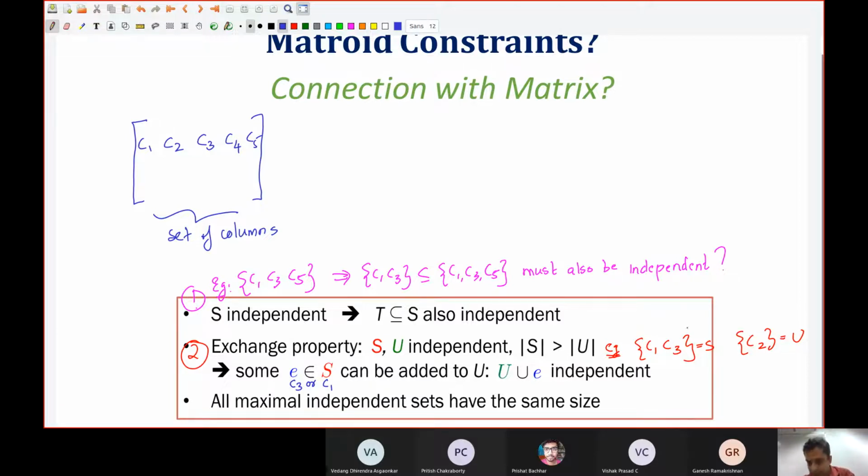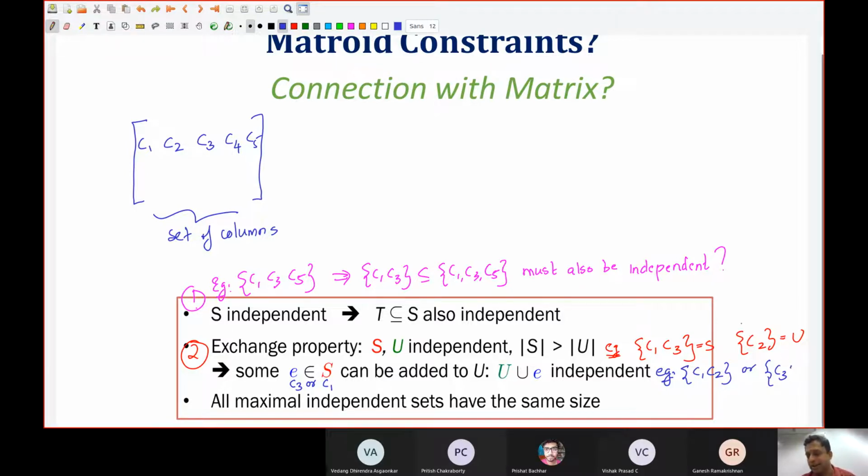Which means either C1, C2 or C3, C2, one of them must be independent.